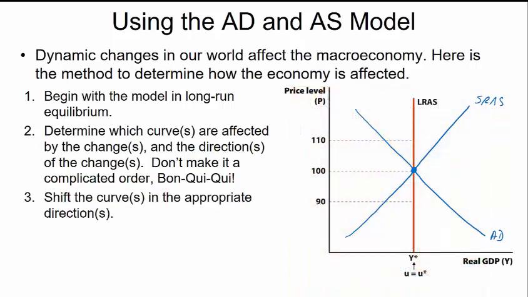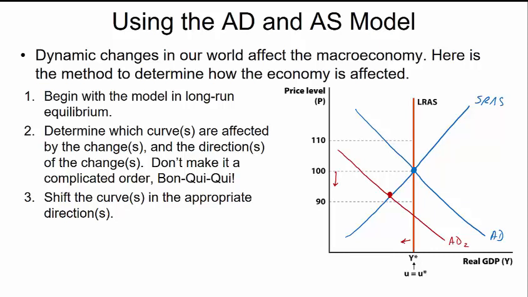Alright, so then we shift the curves in the appropriate direction. So for example, we learned about aggregate demand last time. If taxes are increased on individuals in this economy, they're going to end up buying fewer goods, and so the AD curve would shift to the left. Then you make your change in the output and the price level. Price level is lower, less output. That means there's going to be higher unemployment.